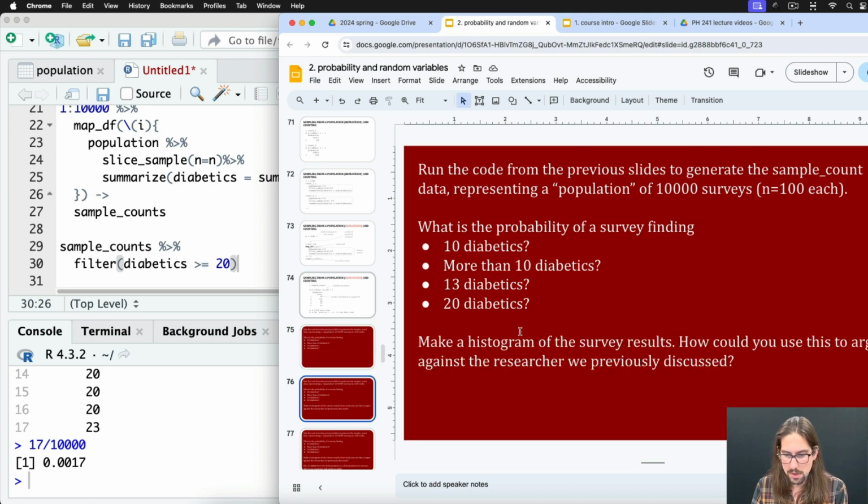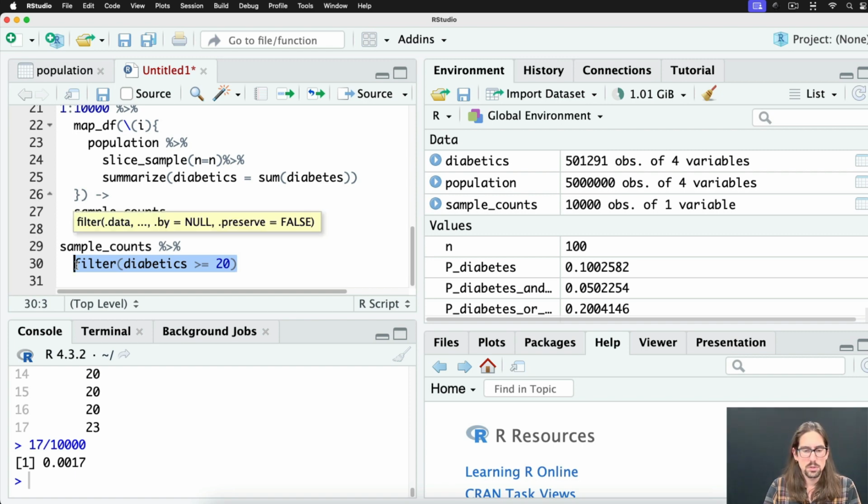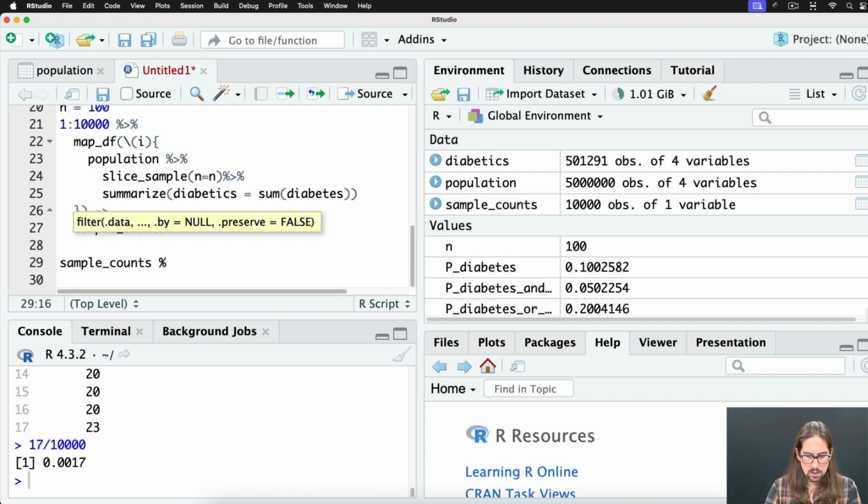Cool. So we can even make a histogram. What's maybe the easiest way to do that? Let's do it like this.